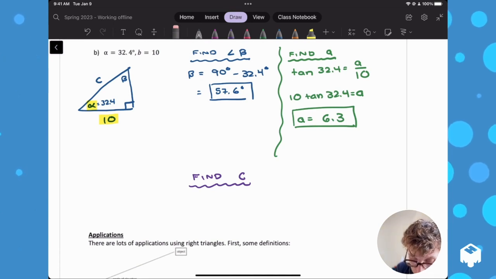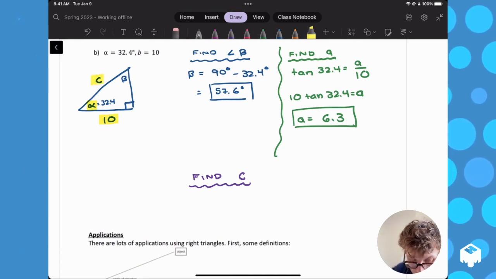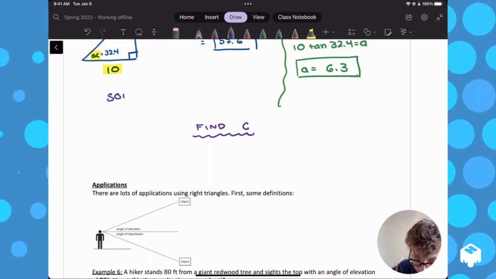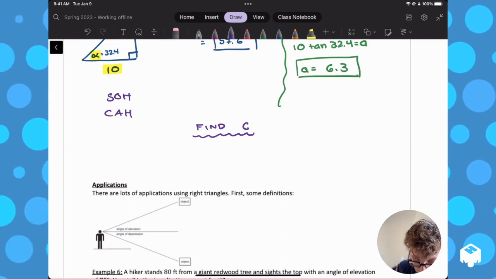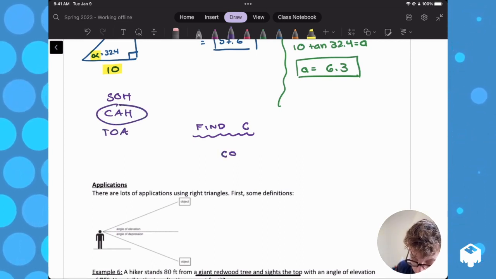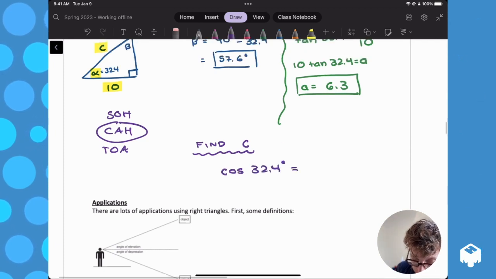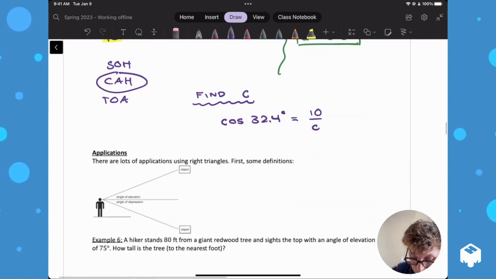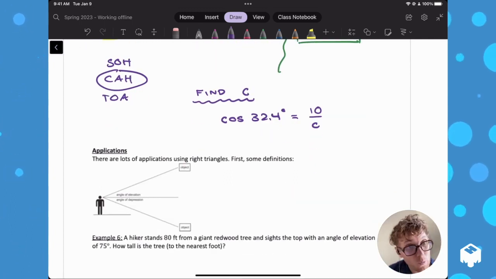Just knowing these two things, I see that that is adjacent and hypotenuse. So I think maybe cosine, since ka, so ka toa, since I know adjacent and hypotenuse, cosine would be the best. Adjacent over hypotenuse. And in this case, whenever we have this case here, we can do the switcheroo.